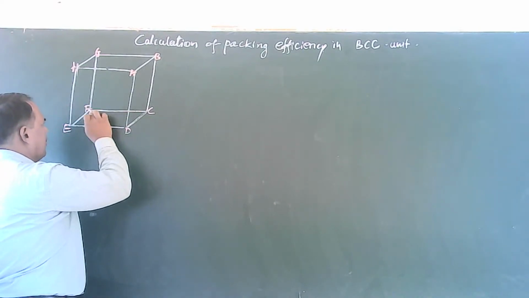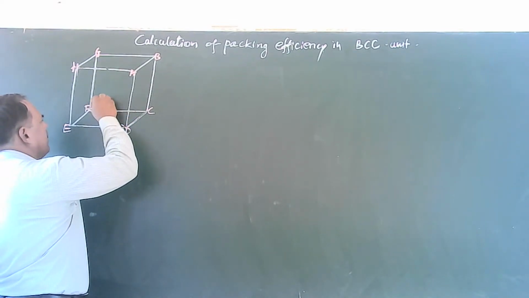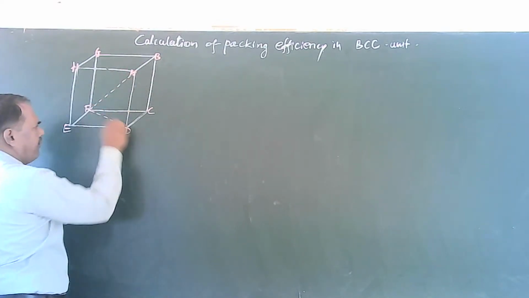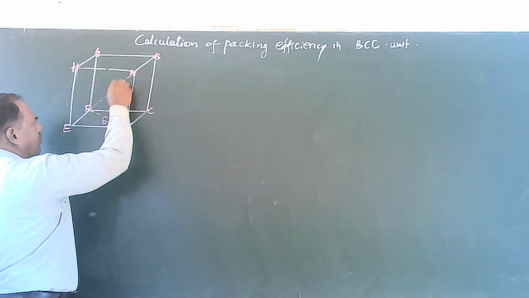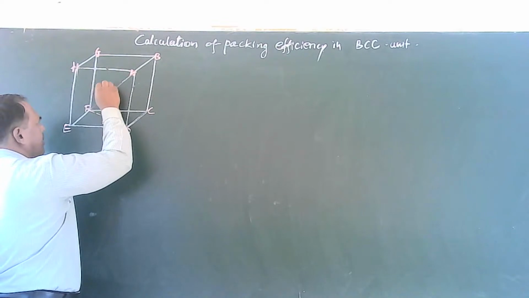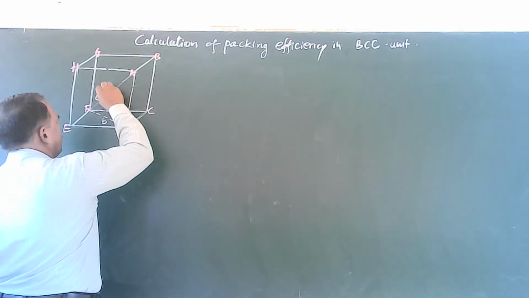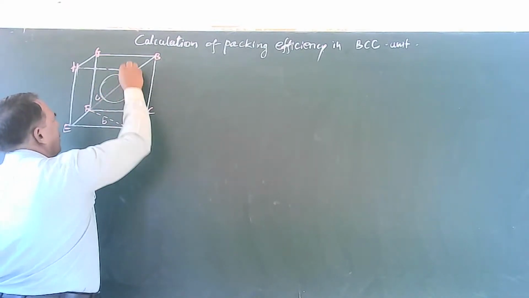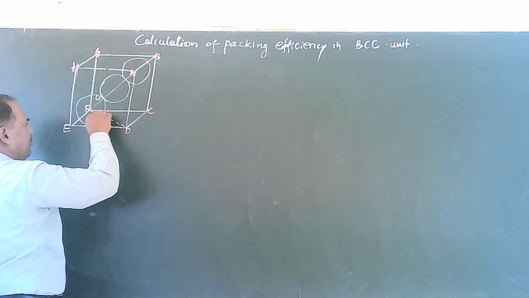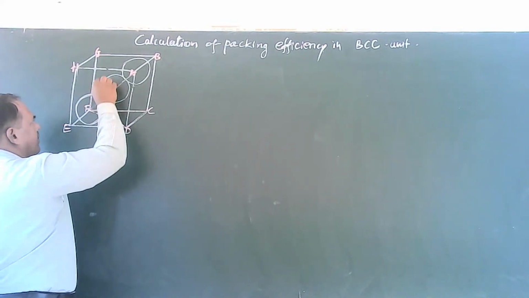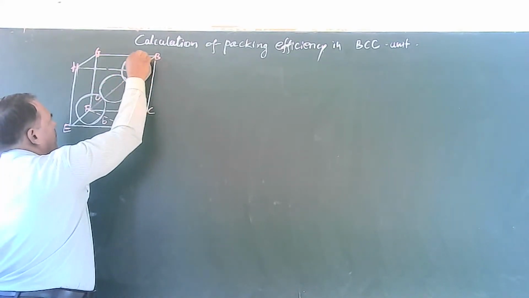Now this FD we will take as B, and this is nothing but, say, the body center. The particle is present at the center of the body, so therefore it is C. And as for the spheres, this is one of the spheres, and another sphere is just outside this, and another is also outside. Only the half portion is inside. See, this is nothing but the relevant cubic diagram which you have drawn.